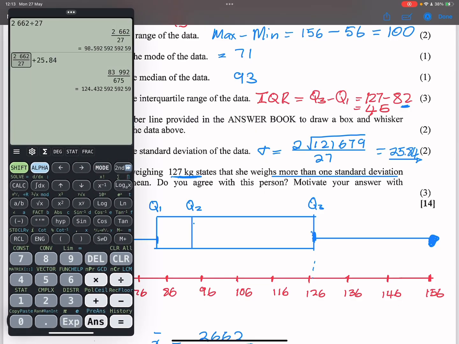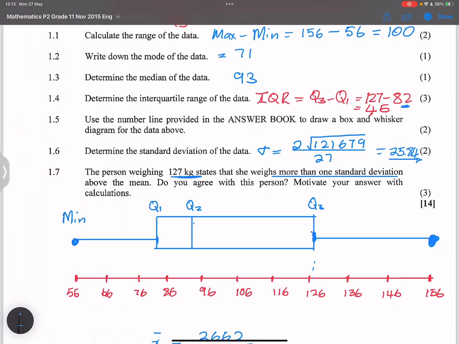So our mean would have been over here, let's just say 96, 98. So that would have been a mean. So in this case, of course, we've got data that is somewhat skewed to the right, isn't it? So as a result, our data is skewed.